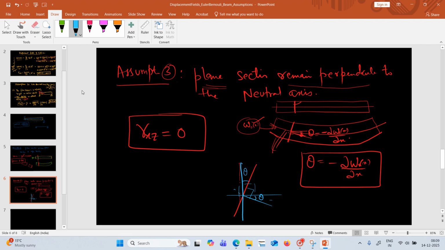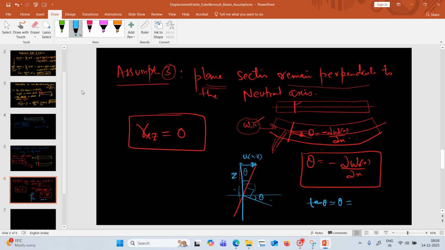So if you want to find this displacement at any position z, this horizontal displacement, that is u of x comma z, the in-plane displacement. If you take the tan of theta, which is roughly theta, it equals p by b.